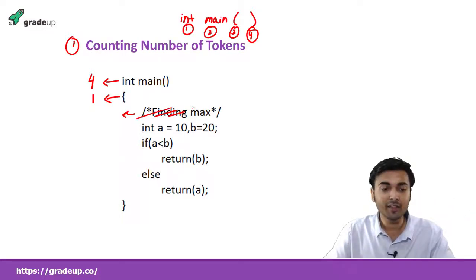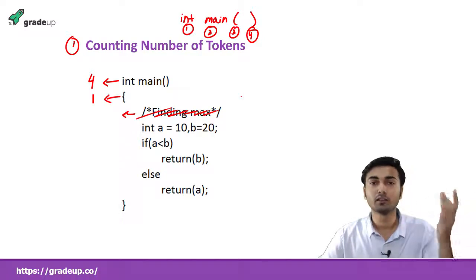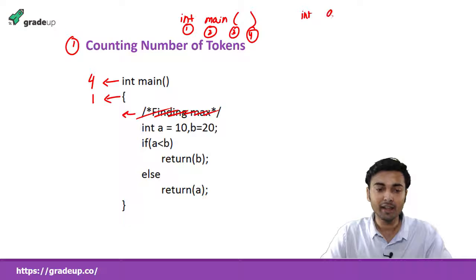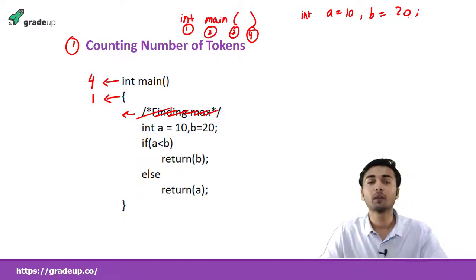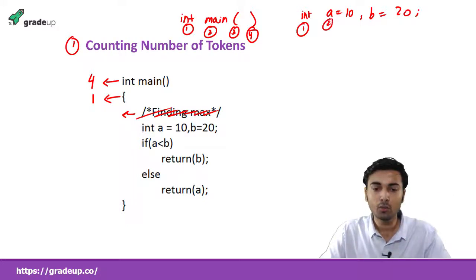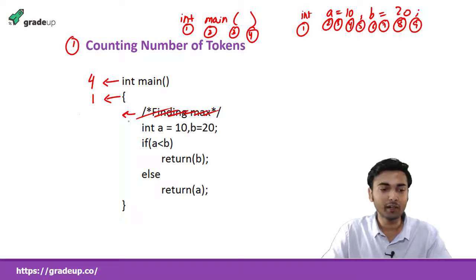This will be skipped by your lexical analyzer and will not be counted. Now int a equals to 10, comma, b equals to 20 and semicolon. Now count tokens yourself. 1, 2, 3, 4, 5, 6, 7, 8 and 9. 9 tokens in this line, right?